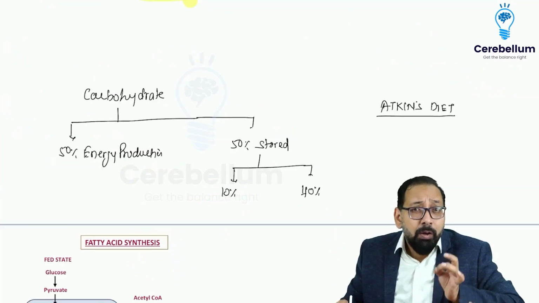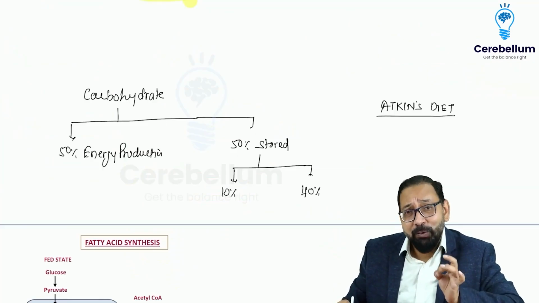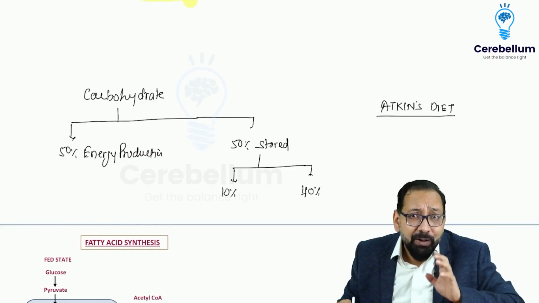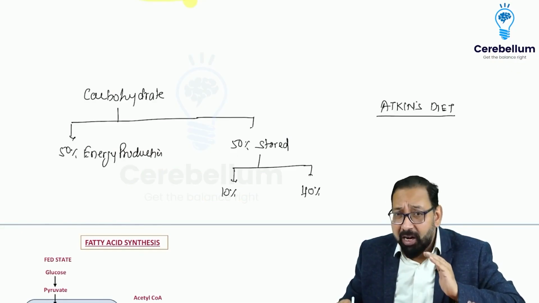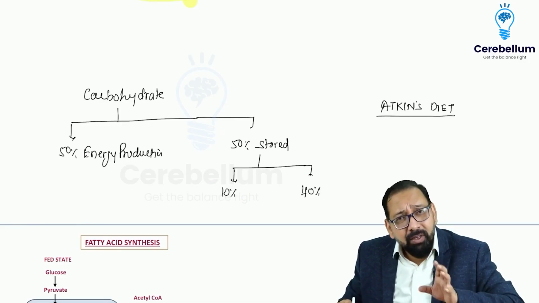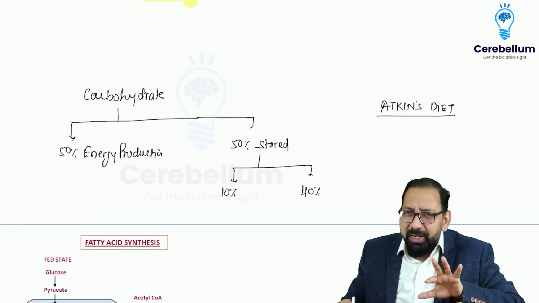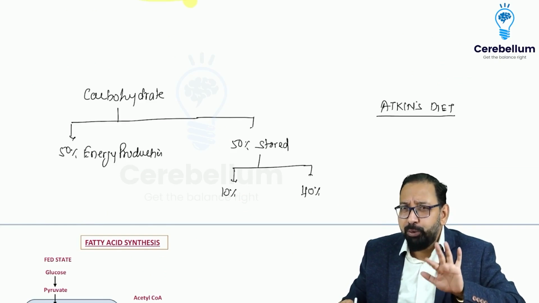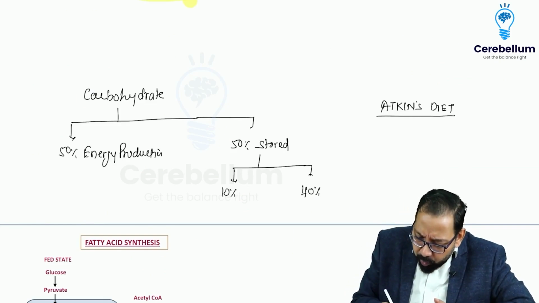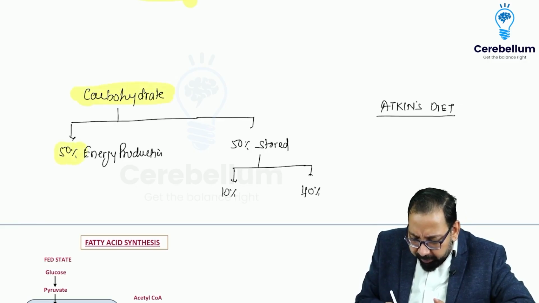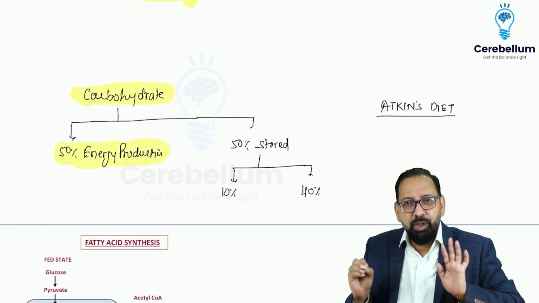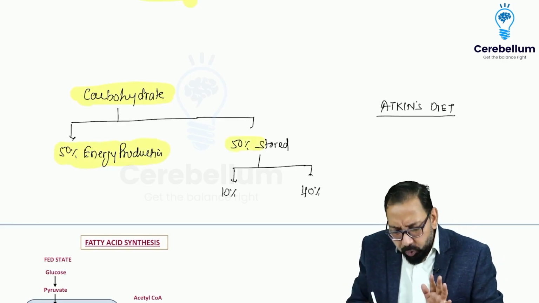Now we come to fatty acid synthesis. Before that, you must have an idea that whatever carbohydrate we take in the diet, approximately 50% is used for energy production, while 50% is stored.